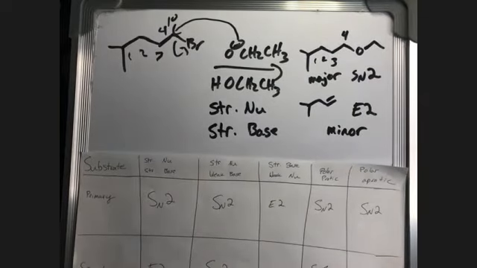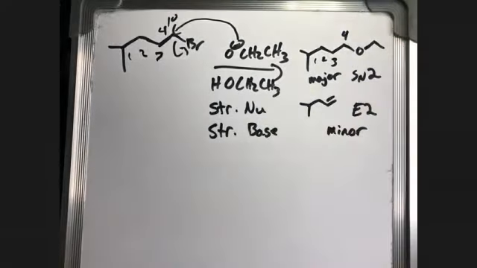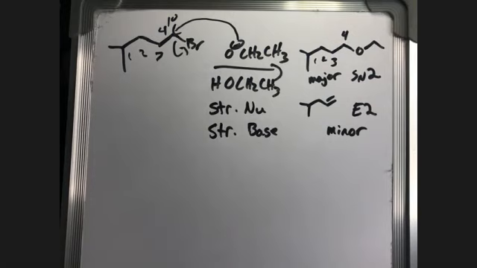Maybe you do this in cold temperature, etc. I doubt you'll be asked about those specifics, but just to let you know, those are things that you can control depending on some of the other reaction conditions. All right. Questions on that?